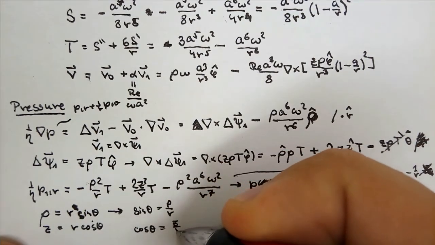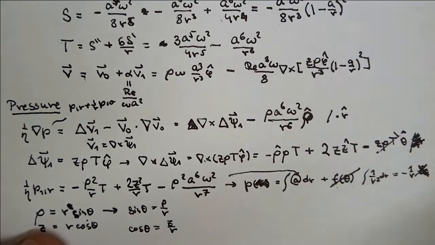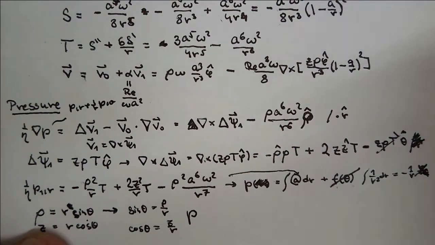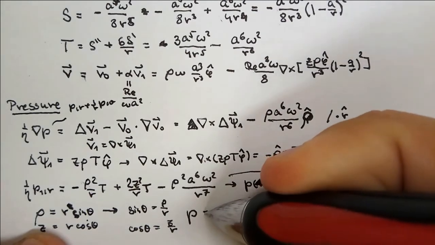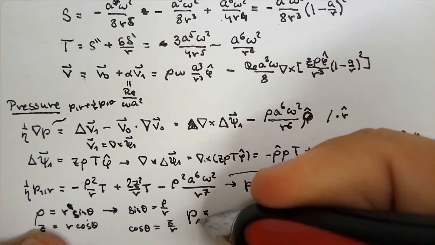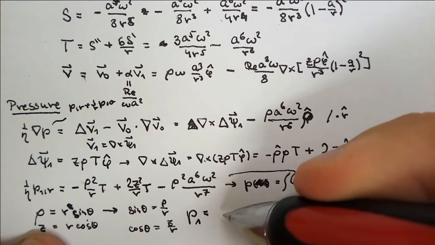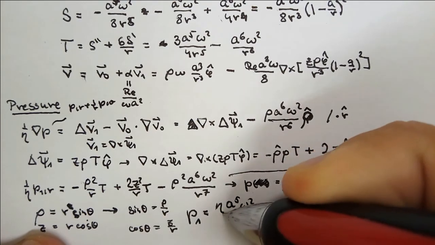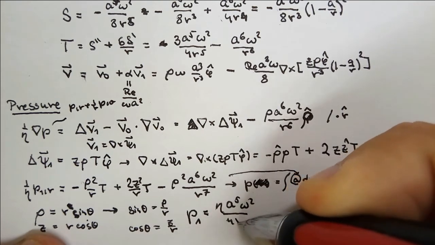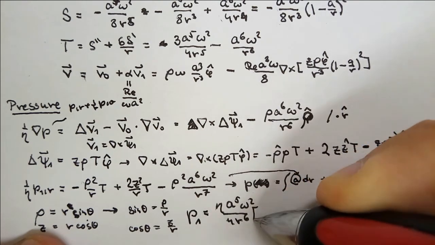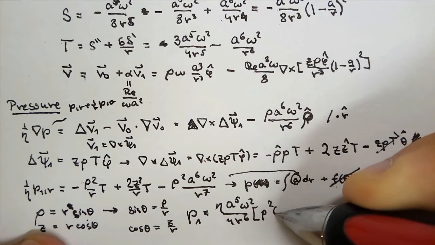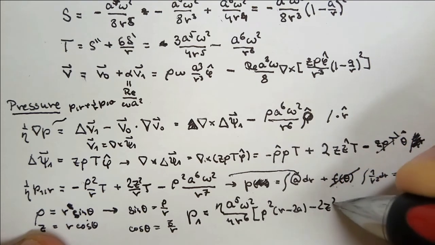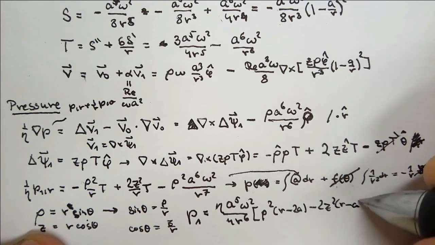So this is z over r again, and if you do that, you will arrive at the equation of the pressure, which will be eta a to the 5th power omega squared divided by 4. I am just writing my older results. I've computed it before. Minus 2z squared a minus a.